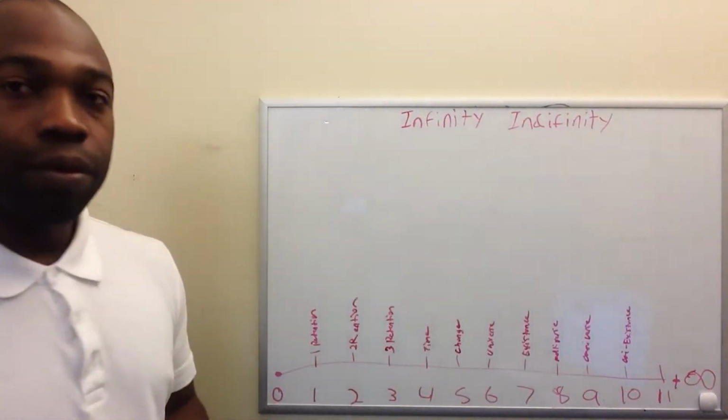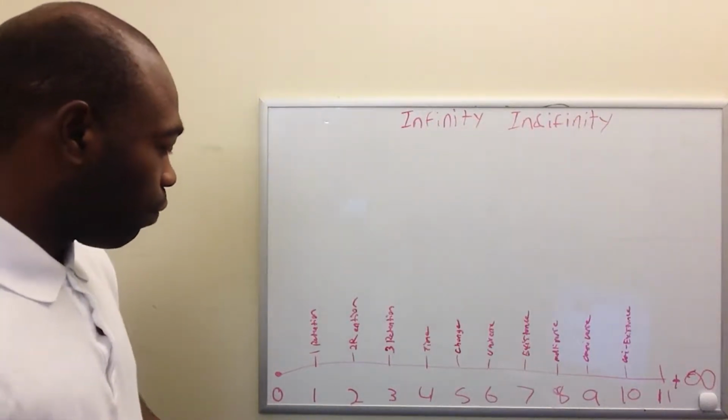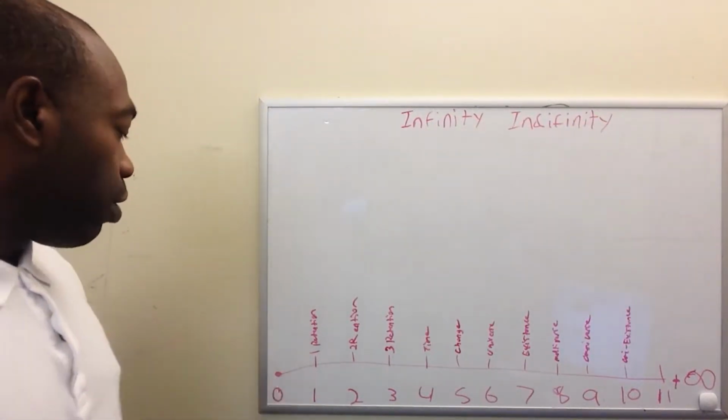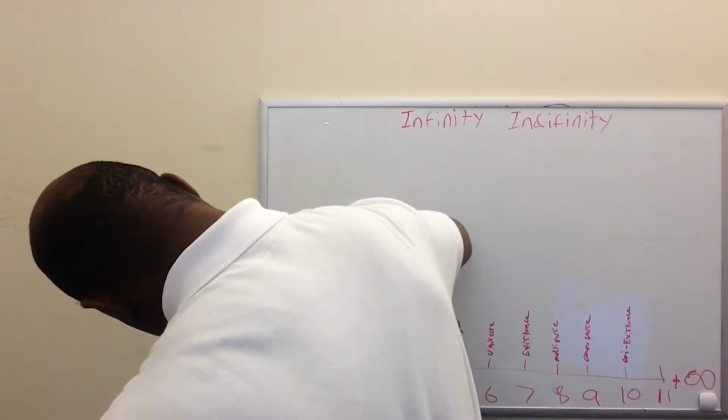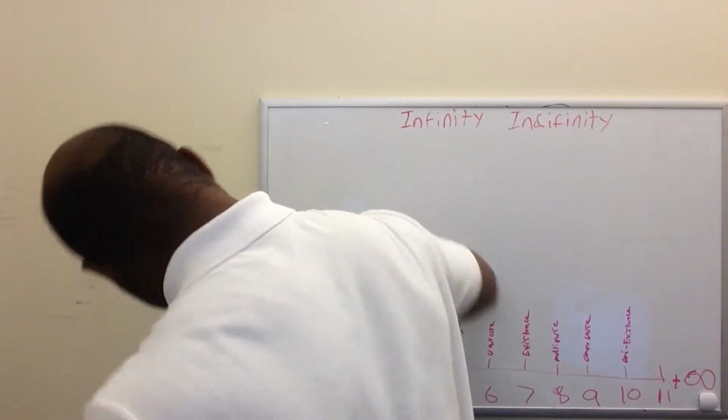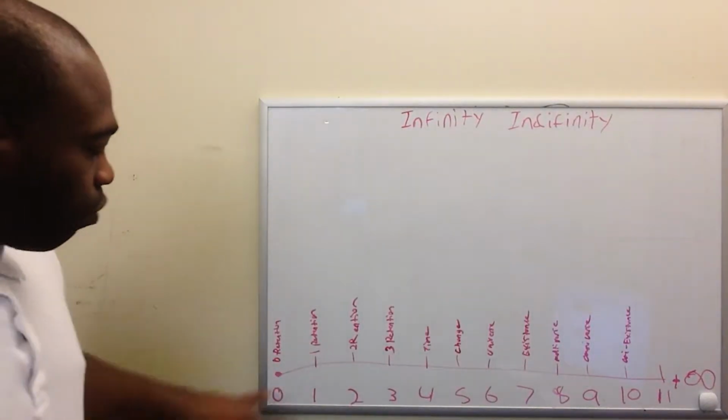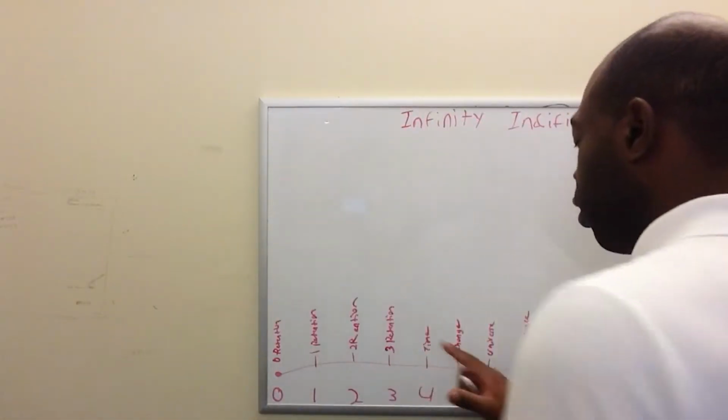Here you go. So you have the first retention. Oh, and then this will be 0 retention. Okay. 0 retention, 1 retention, 2 retention, 3 retention.